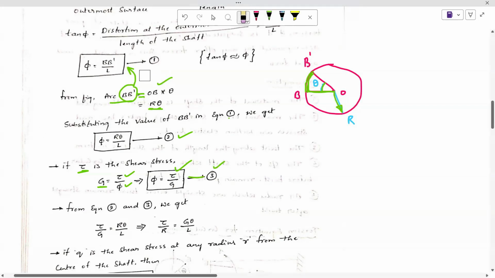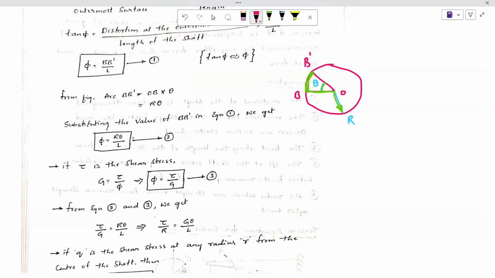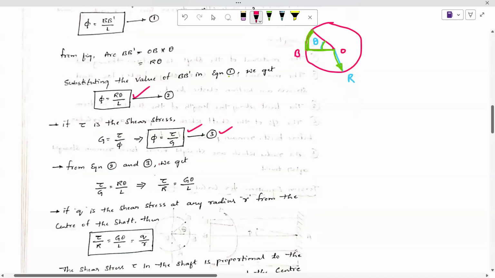Now please observe, equation number 1: shear strain is equal to BB dash divided by L. Equation number 2: shear strain is equal to R theta by L. And shear strain is equal to tau by G, which I call equation number 3. Now from equations 2 and 3, on the left hand side we have phi, so just replace this with respect to this.